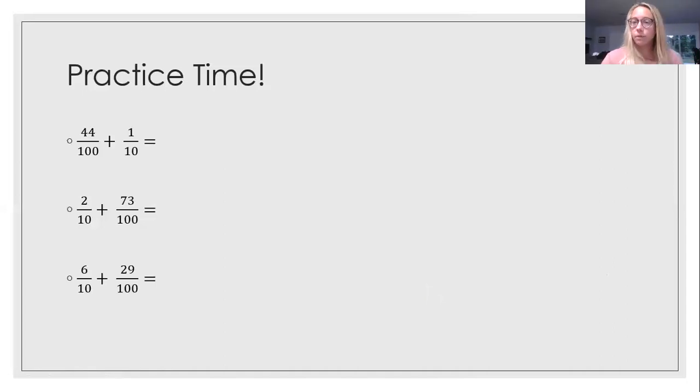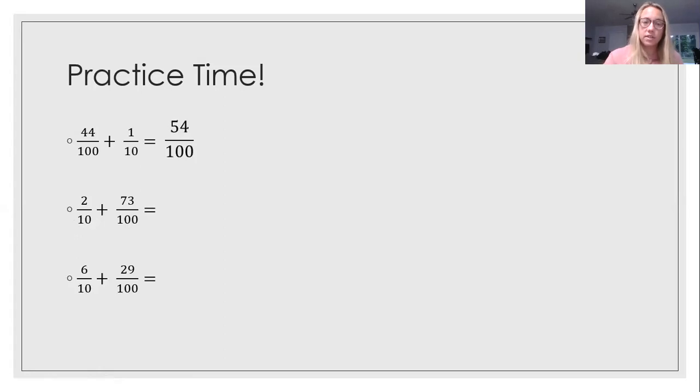Okay, so if we were going to go through this really fast, I would have 44 hundredths plus 1/10. I would turn this into hundredths first, so it would be 10 hundredths. Add that, I would get 54 hundredths. 2 tenths plus 73 hundredths, I would turn this into 20 hundredths.